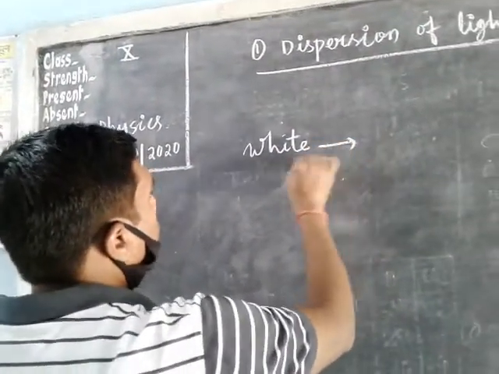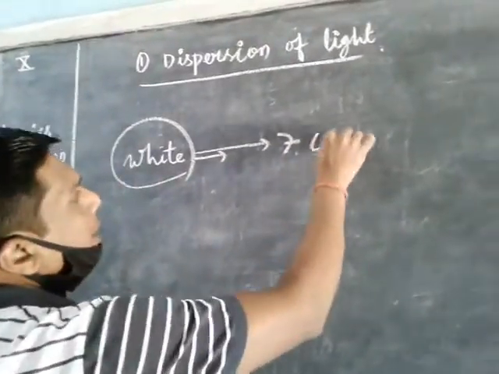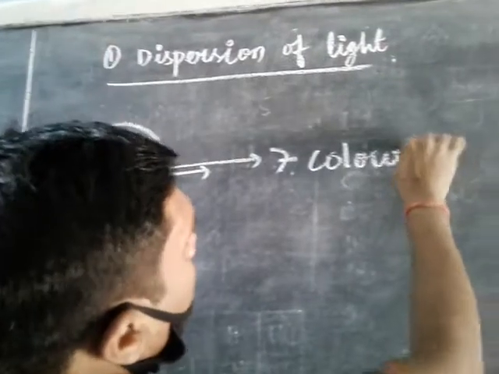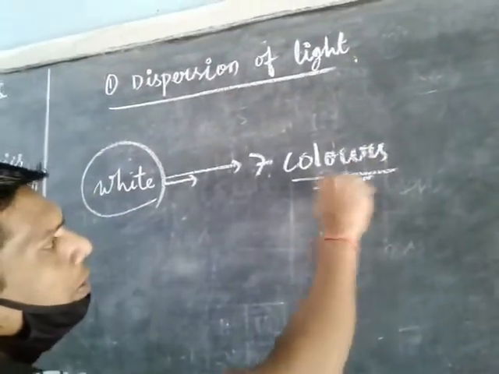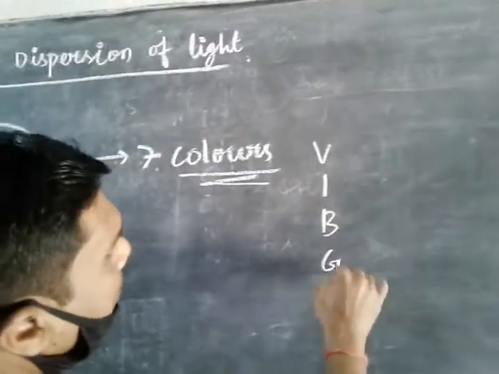coming, that means this white light is a combination of 7 colors of light. Which are those 7 colors?